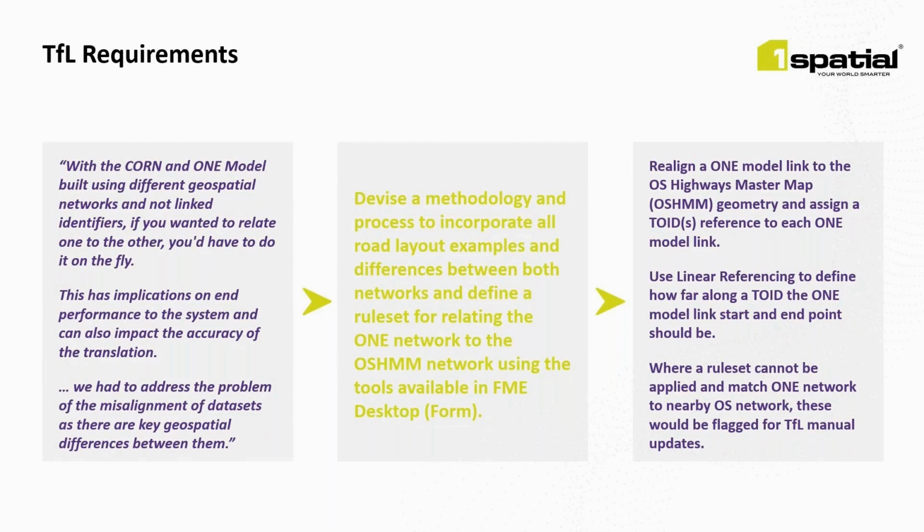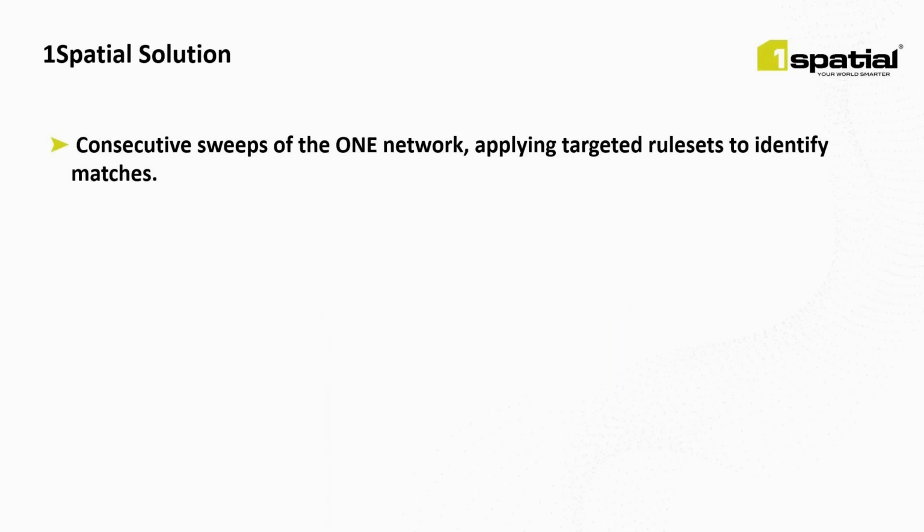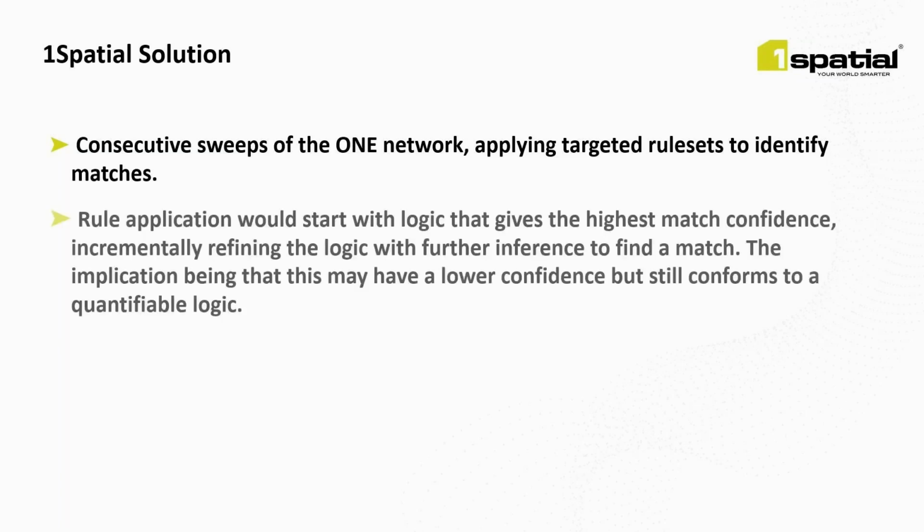Okay, so what was our One Spatial solution? So this approach was to make consecutive sweeps of the ONE network, applying targeted rule sets to identify matches between the ONE network road links and the OS road link. We would have rule application, which would start with logic that gives the highest match confidence, incrementally relaxing the logic with further inference to find a match.